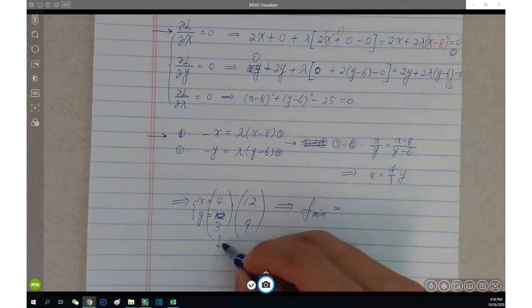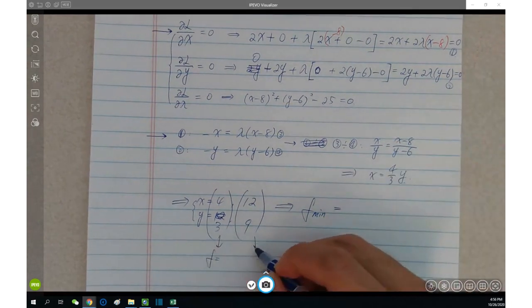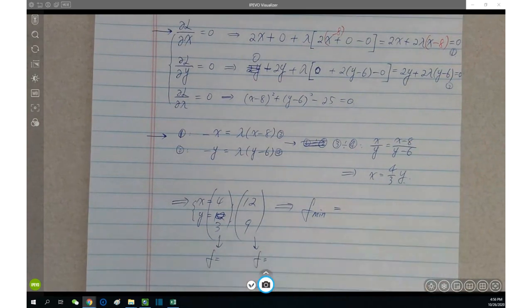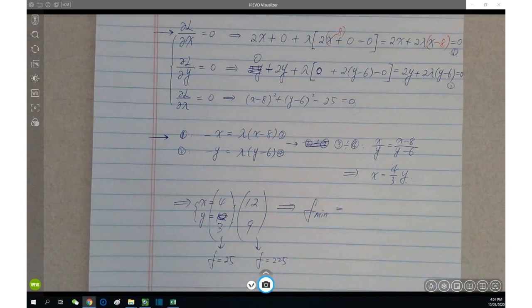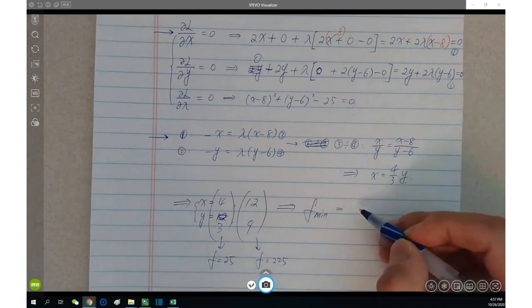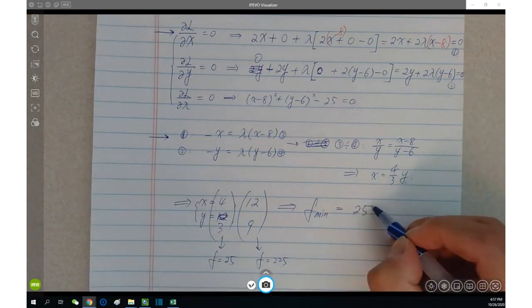This gives you f of what? 3 and 4 give you f of, obviously, 25. The minimum value is 25 for f.